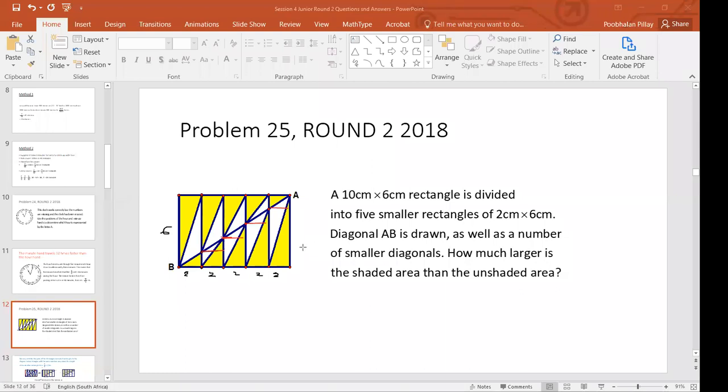Oh, now this is really weird. The shapes now become really complicated. Right. Now I can't find the area of the shaded part, but for instance, this area I already know.